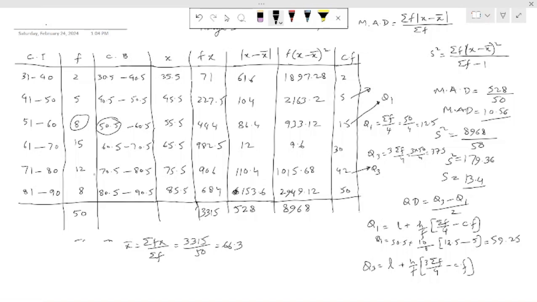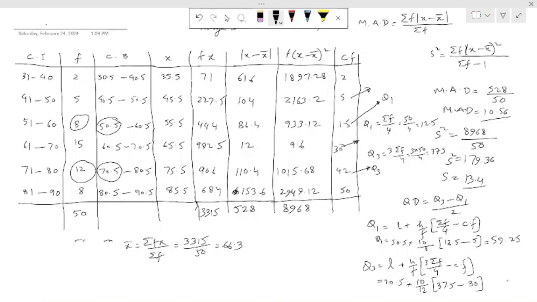So lower class boundary we take of this group, which is 70.5, plus class width is same 10, frequency of this group is 12, then 3 times summation f divided by 4 gives us 37.5, and then we take the cumulative frequency preceding to this group, which is 30.